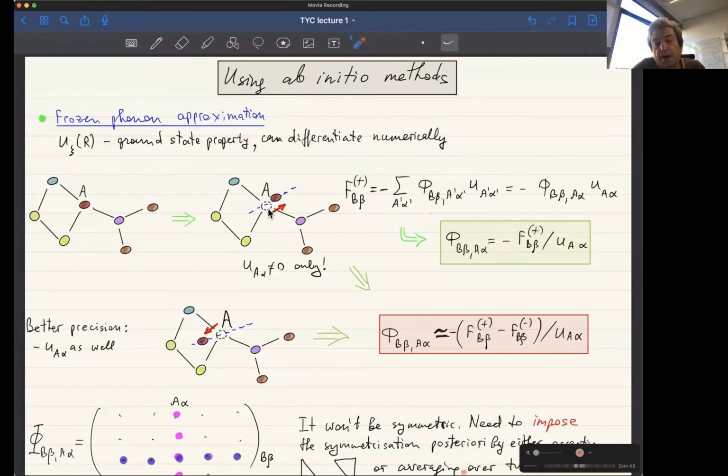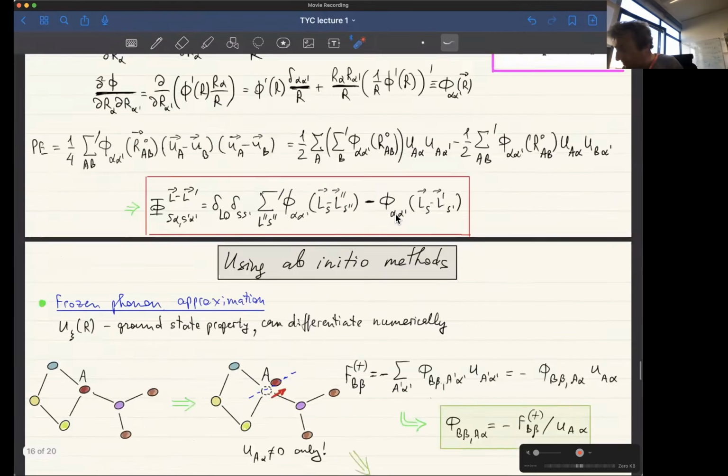You can displace it along y. The point is that if you displace this atom along a single direction, there will be just one displacement to consider. Then the force on any other atom due to that displacement is given by this formula.